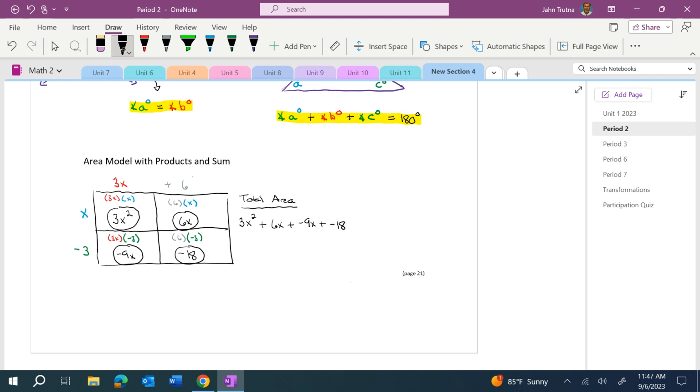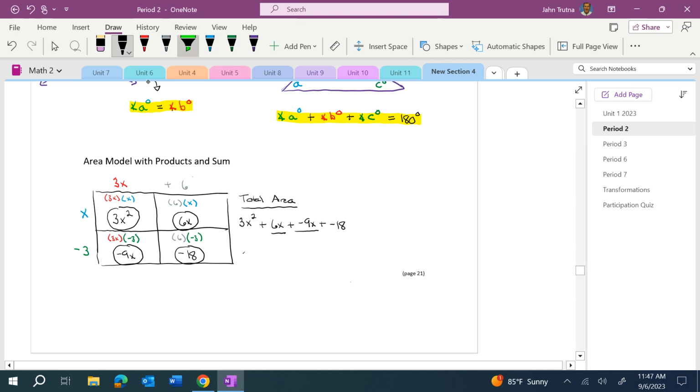And that would be your total area if there was nothing that you could combine as like terms. But as you can see, the positive 6x is a like term with the negative 9x. So I can combine these two together.